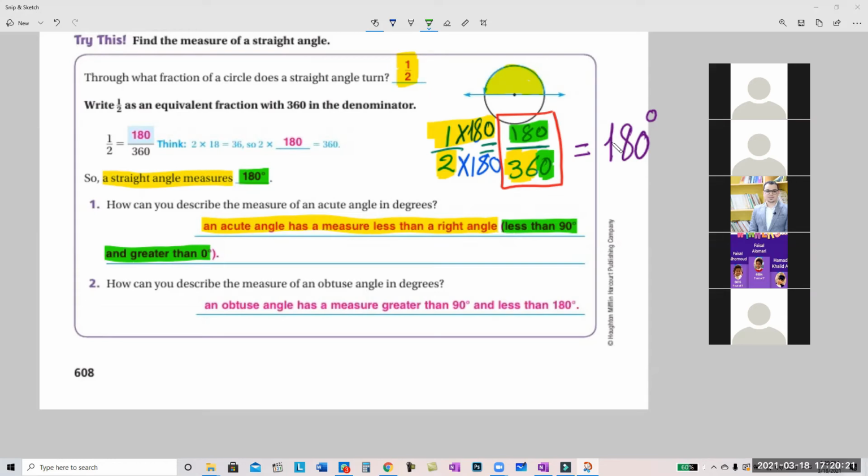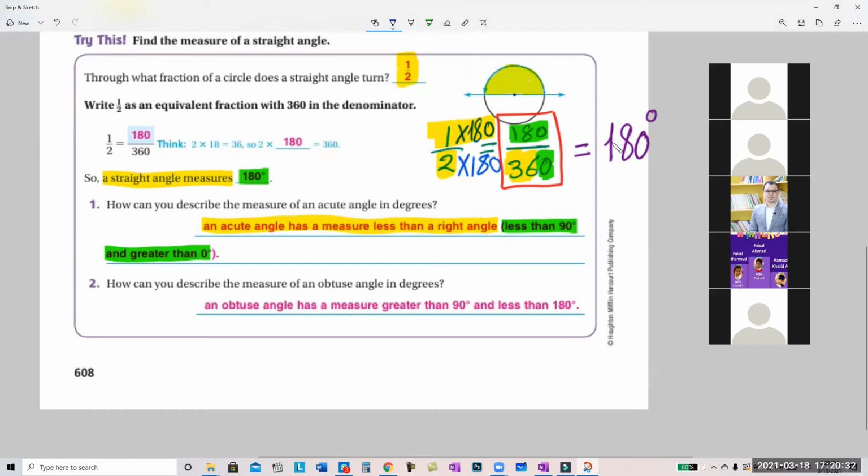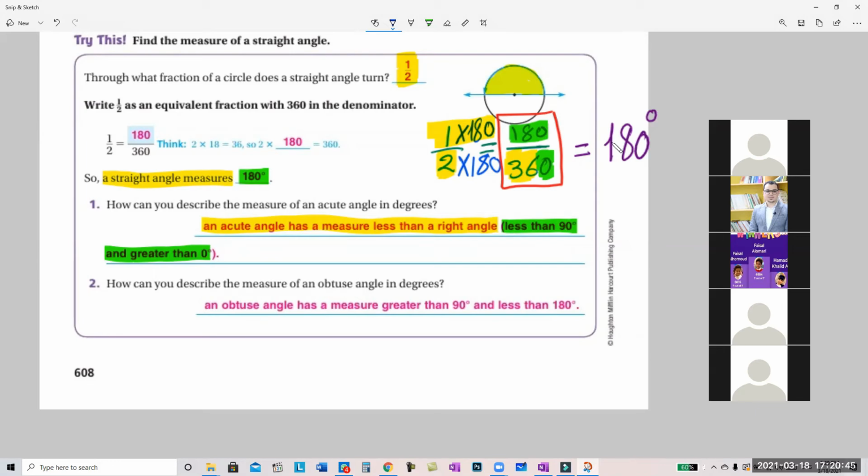So you have to give me a number between 0 and 90. Rakan, are you there? Give me a number between 0 degrees and 90 degrees. 60. Excellent. So 60 degrees is an acute angle.